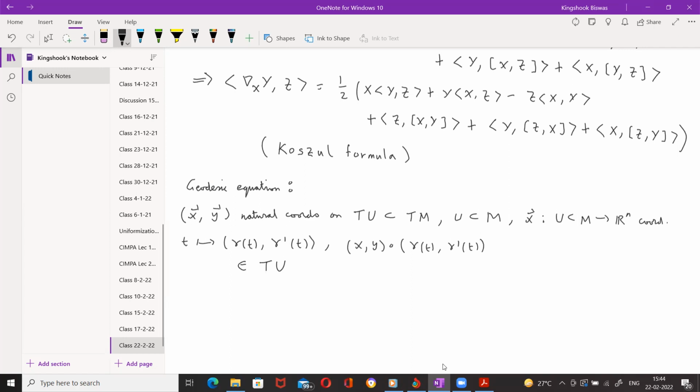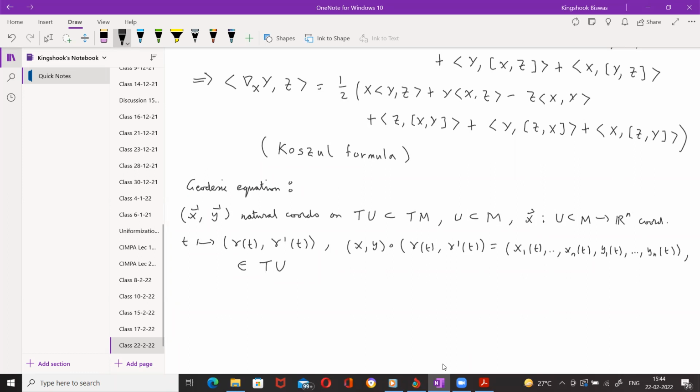So if I look at (x, y) applied to this, then in coordinates, this becomes a vector of 2n functions, x1(t), ..., xn(t), y1(t), ..., yn(t).